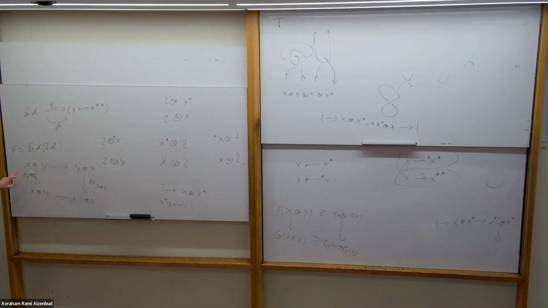The ratio is going to be this endomorphism of identity, which is not monoidal, but it is anti-monoidal in this sense, that this diagram commutes. Monoidal means that on x tensor y these two things are just equal, and anti-monoidal means that these two things are not equal, but they are related using the braid.